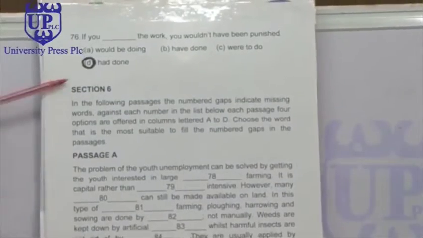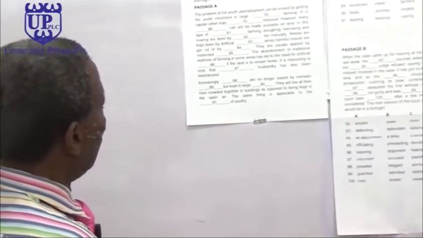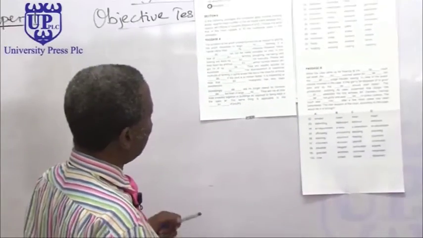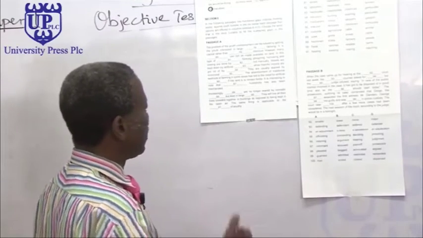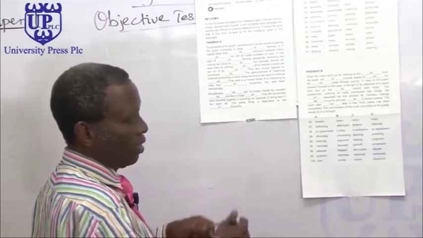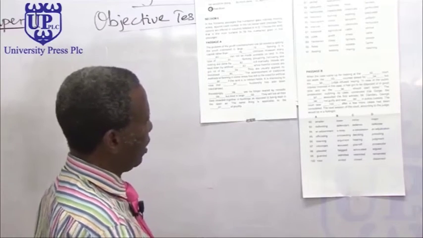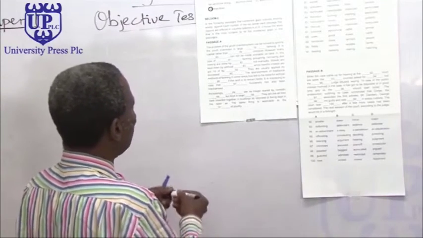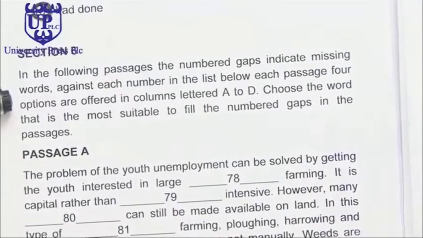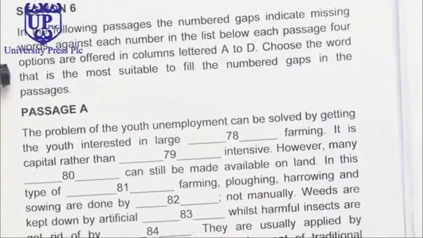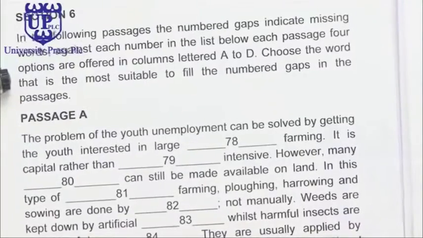Then section 6, the passages on registers. The words that are associated with human endeavor, farming, building, environment, sports, medicine, anyone can actually be chosen for you. In the following passages, the numbered gaps indicate missing words. Against each number in the list below each passage, four options are offered in columns letter A to D. Choose the word that is the most suitable to fill the numbered gaps.